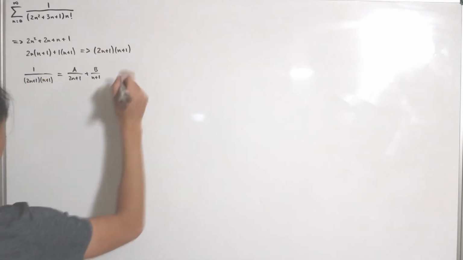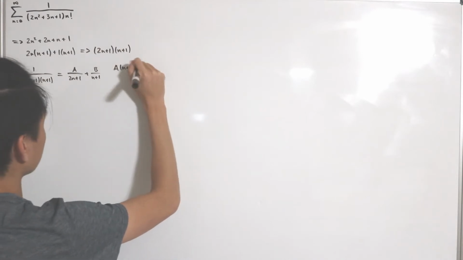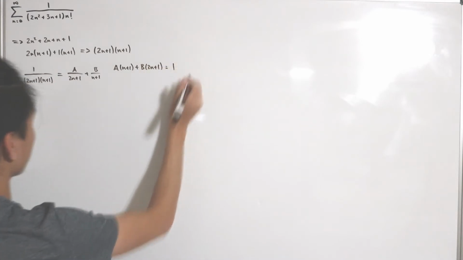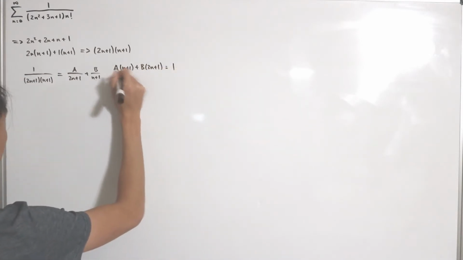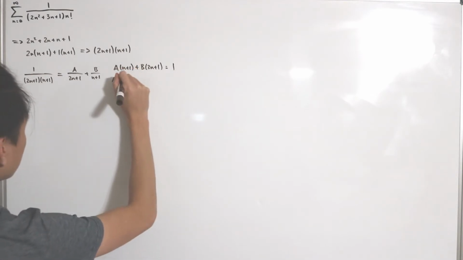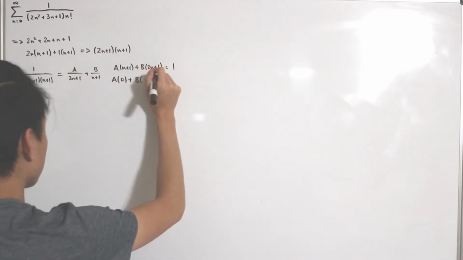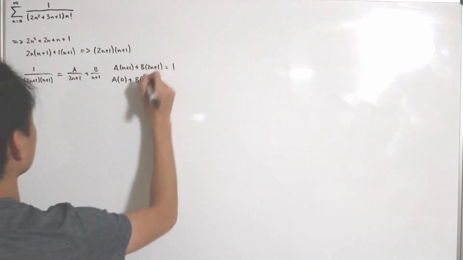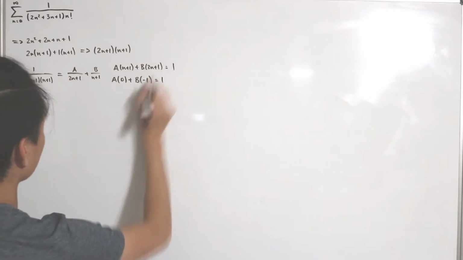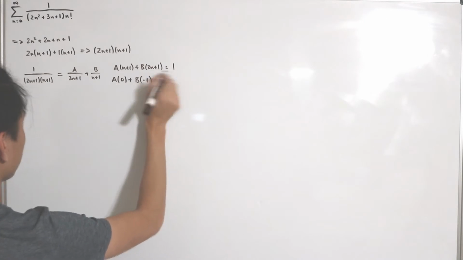We focus on the numerator. So this is A times (n plus 1) plus B times (2n plus 1) equals 1, which is our numerator. Let's say we plug in n equals -1. So -1 plus 1 is just 0, and then plus B times (2 times -1 plus 1), which is -1, equals 1. So B is -1. Now the other one, n equals -1/2.